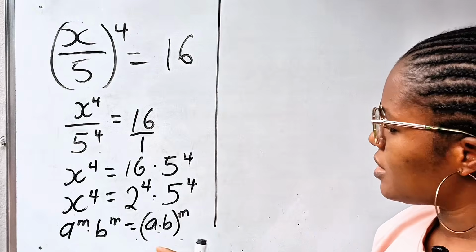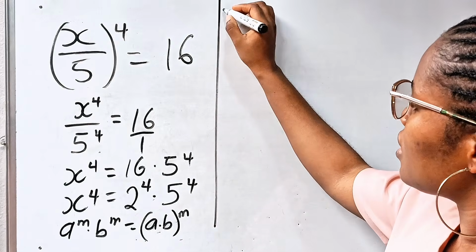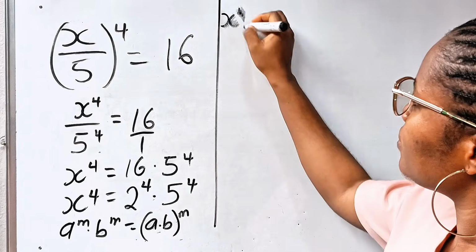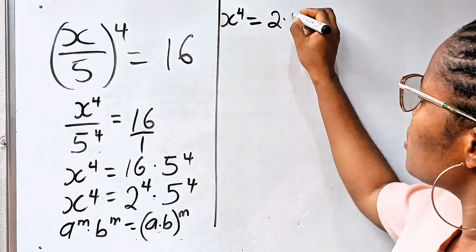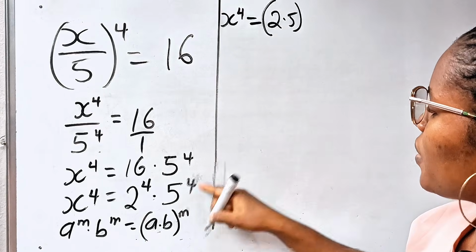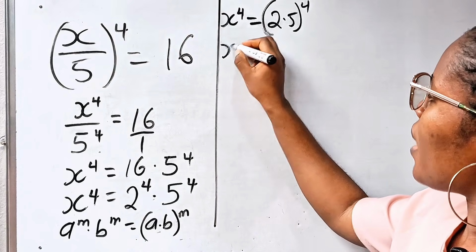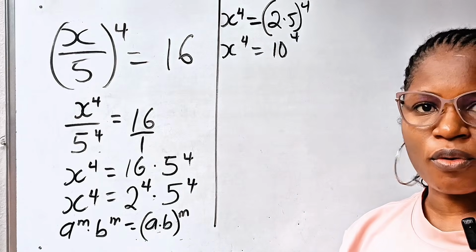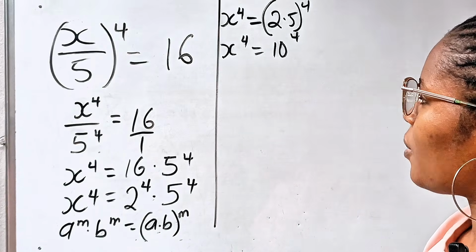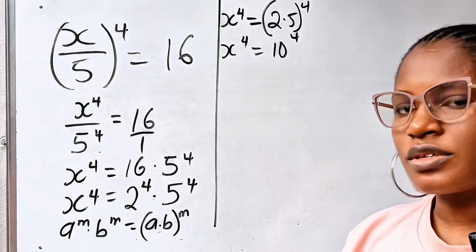Now looking at this, we have x^4 will be equal to (2 multiplied by 5)^4. So x^4 is equal to 10^4. All right. Now, what are we going to do?